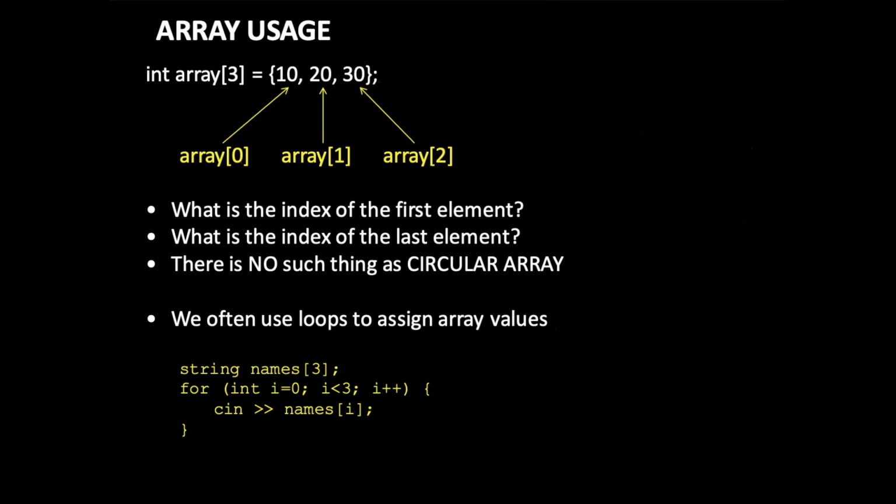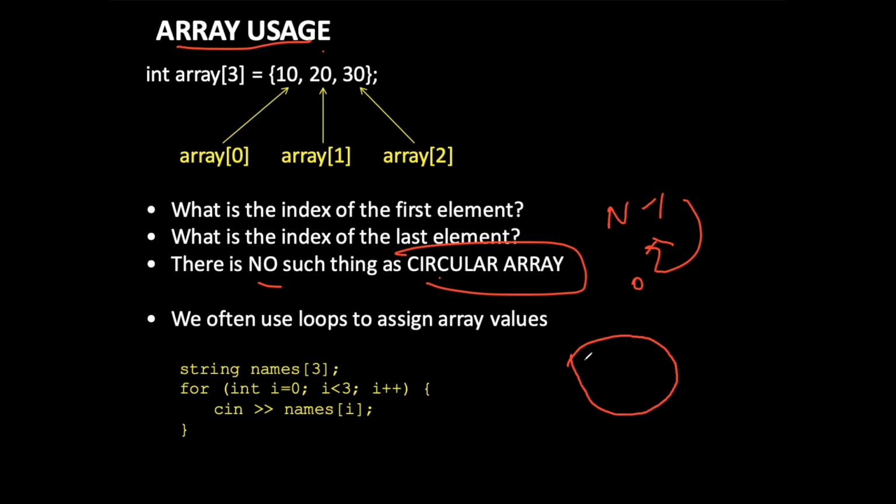One last thing about array usage. There's no such thing as a circular array, meaning when you get to n minus 1, which is the very last element, and assuming n is the size of the array, there is no way this will go back to 0, as if the array goes around in circles.